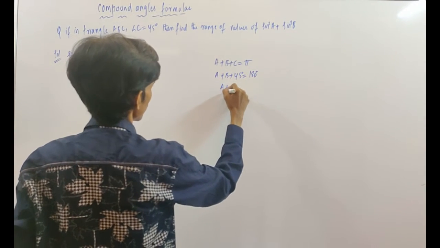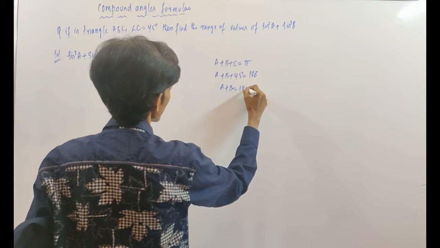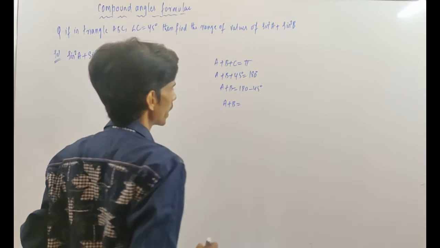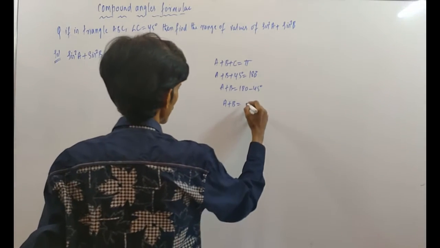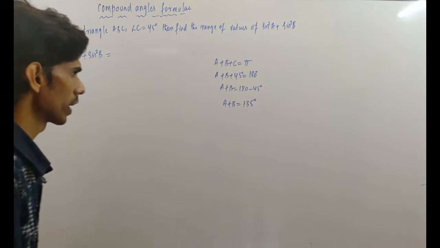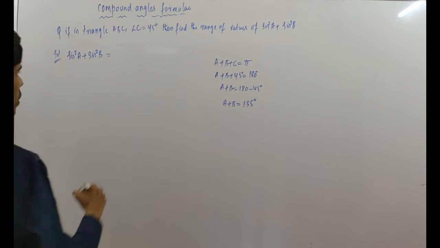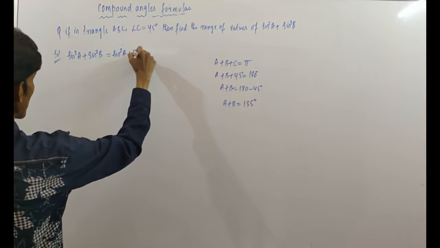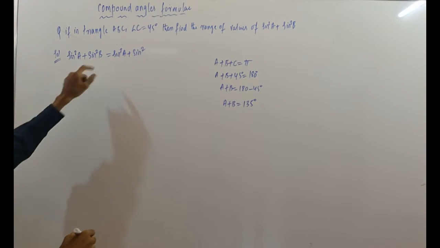So A plus B equals 180 minus 45, which becomes 135 degrees. So A plus B is 135 degrees. Now we need sin²A plus sin²B.